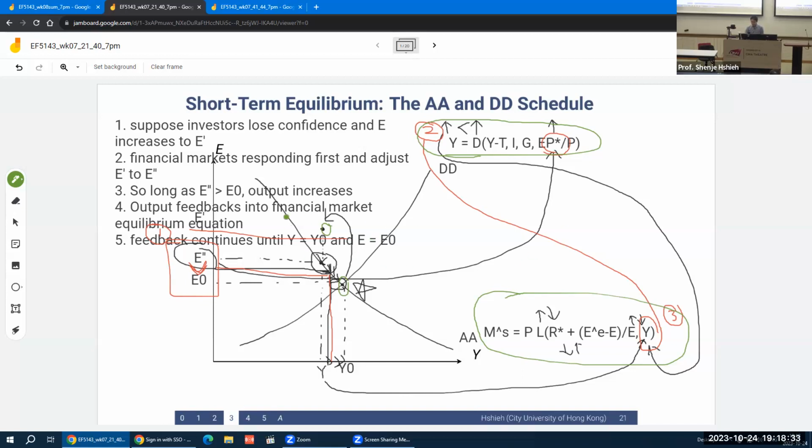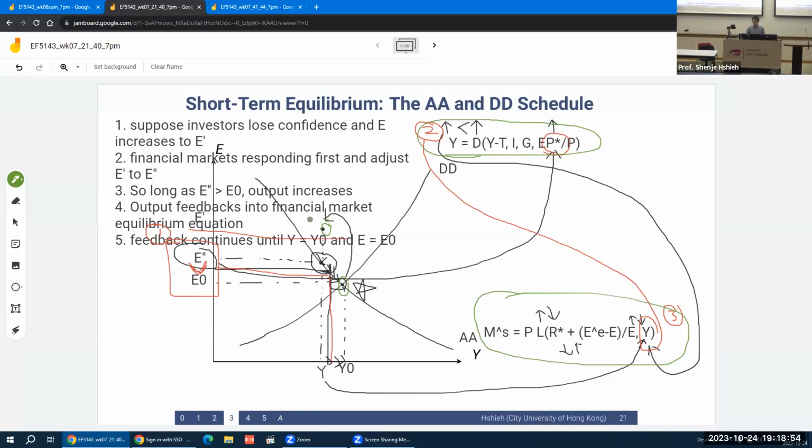When you have an E value, what's going to be distorted first is UIP. When UIP is distorted, you'll have carry traders come in. They're going to borrow at low interest rates and lend at high interest rates, and that's going to immediately change the E value to a value that's on the AA schedule.